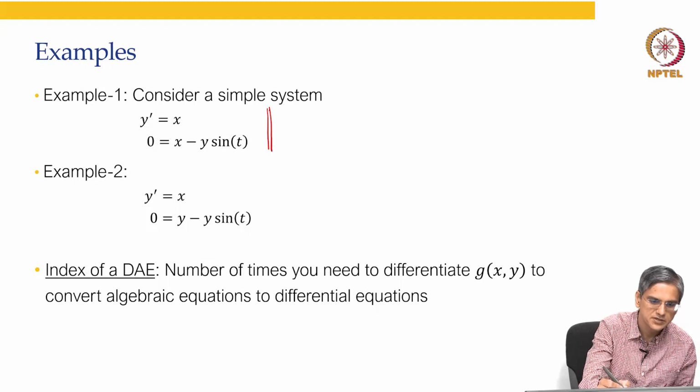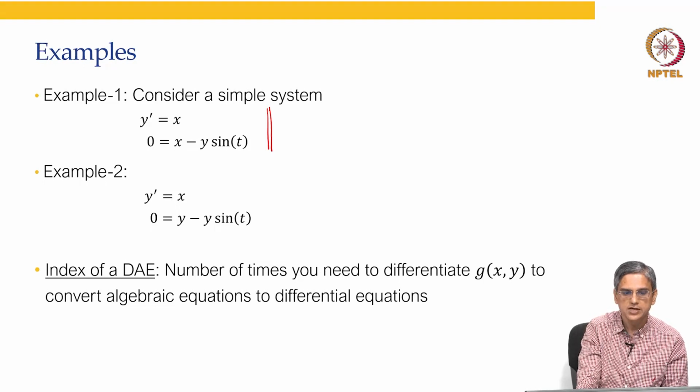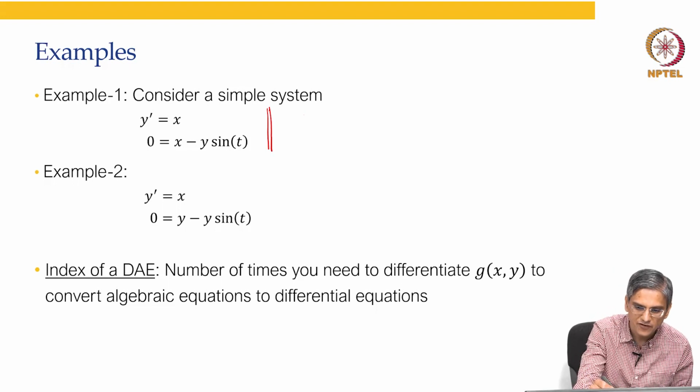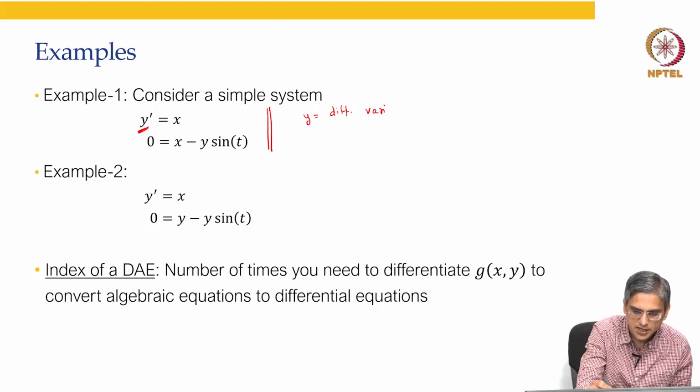The first example is y' equal to x and 0 equal to x minus y sin t. This is an example of DAE where y is the differential variable, because y appears in the form of y', and x is an algebraic variable.